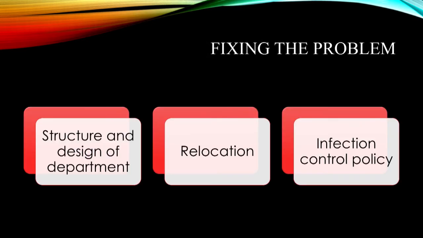How can we fix the problem? The problem could be fixed from a three-pronged approach: 1, restructuring and designing of the department, 2, relocating the department entirely, and 3, the introduction of infection control policy.